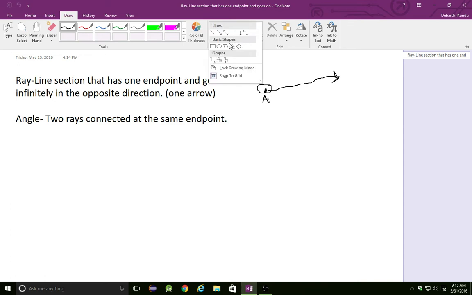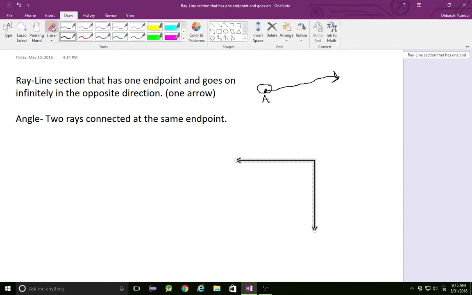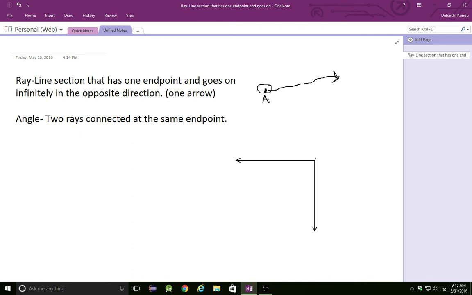Well, that's a right angle right there. But an angle has two rays, and as you can see, it has an endpoint that both of the rays are connected on. As you'll see later on, this is a right angle, and there are different types of angles.